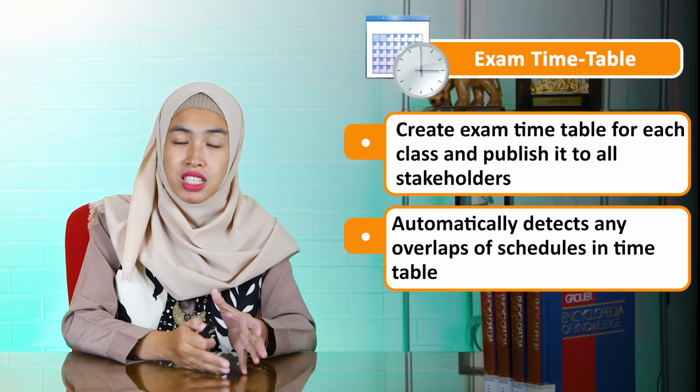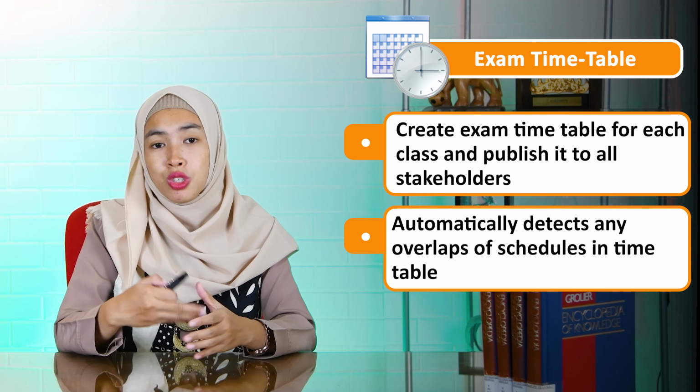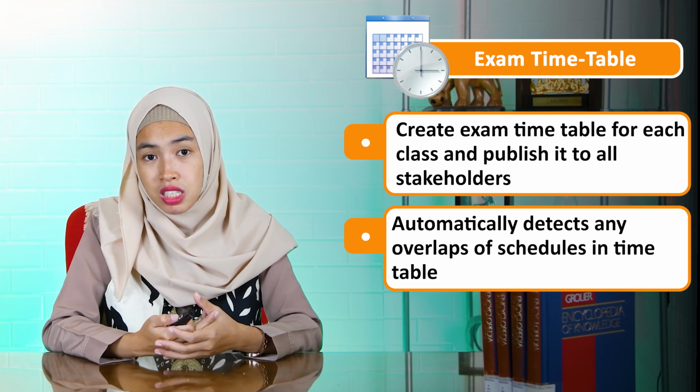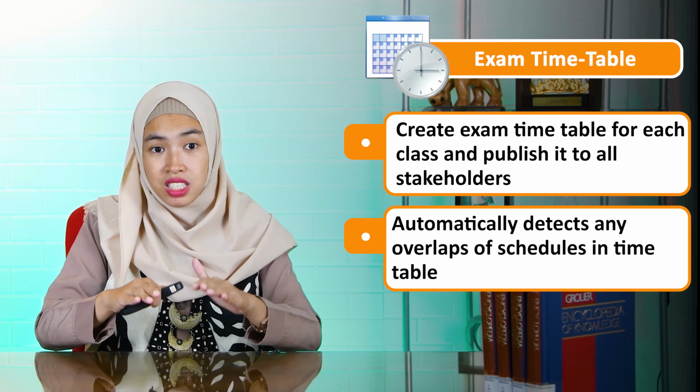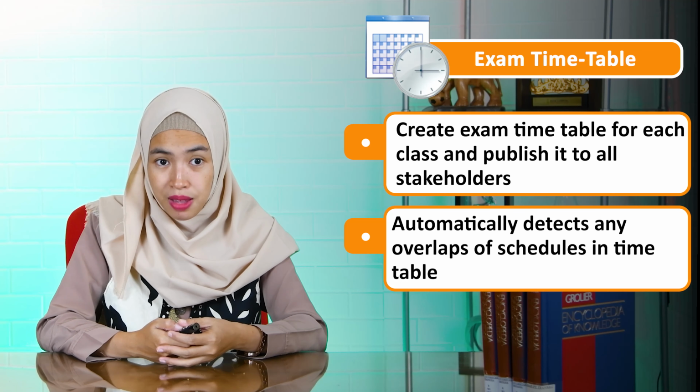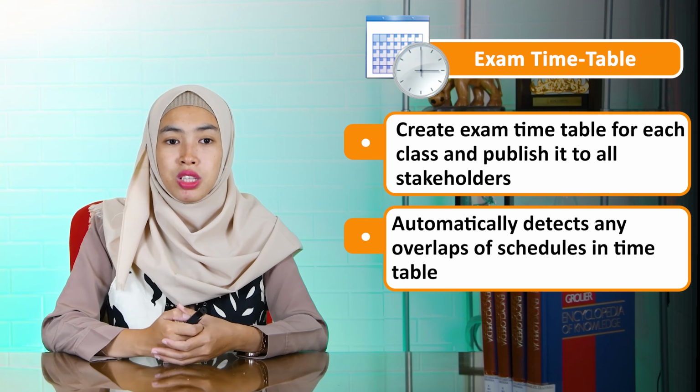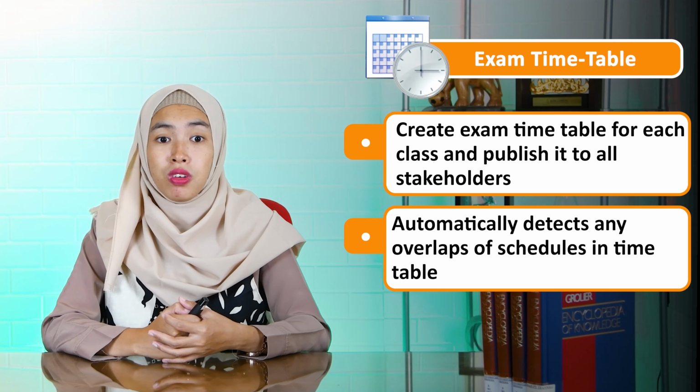But in contrast, if you use the student management system, it will help you to identify the overlapping schedule in timetable, okay? And also, of course, it will save time and generate flawless timetable schedule. It is very useful for administrative staff in arranging the examination schedule.